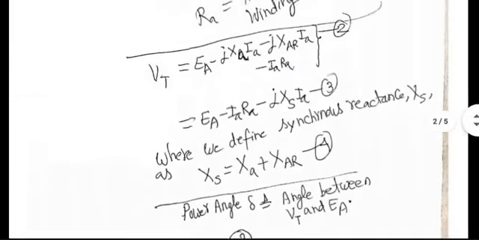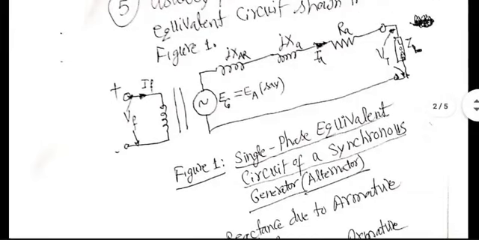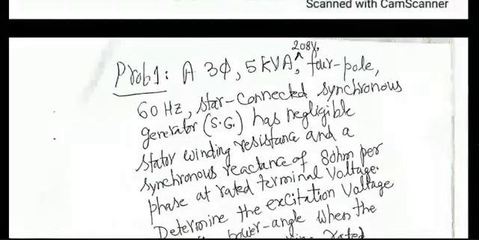That means RA is 0. That's given. And a synchronous reactance of 8 ohm per phase.